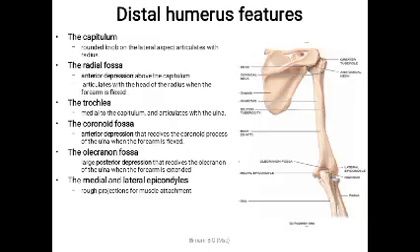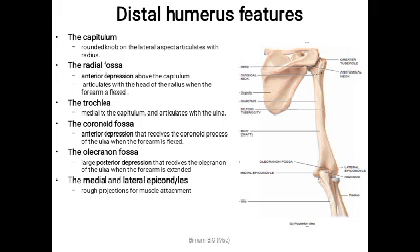The distal humerus features the capitulum, a rounded knob on the lateral aspect that articulates with the radius. The radial fossa, an anterior depression above the capitulum, receives the head of the radius when the forearm is flexed.